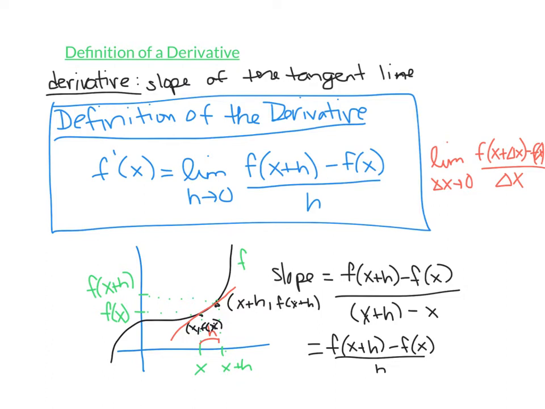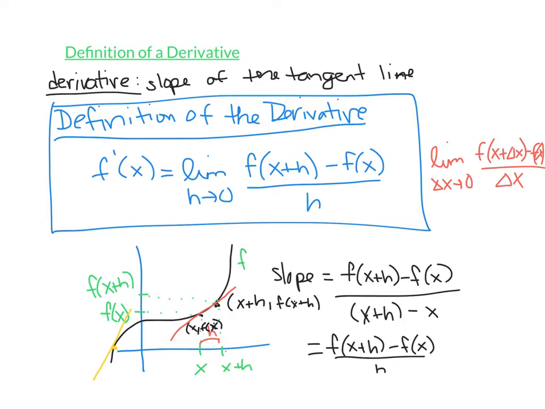However, the derivative isn't the slope of the secant line, it's the slope of the tangent line. So in case you don't remember, a tangent line is when you have one point and the line touches the graph in exactly one place. Secant line, you have 2 points and the line goes through those 2 points.